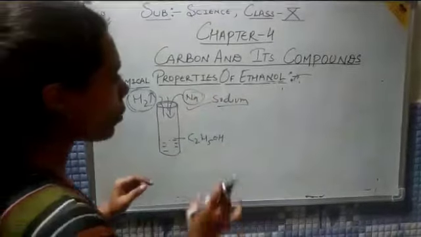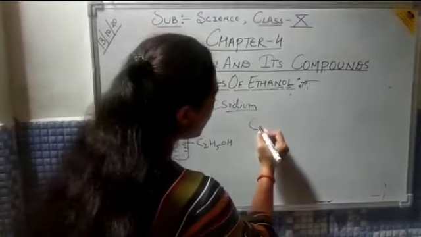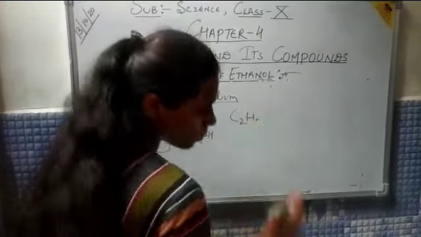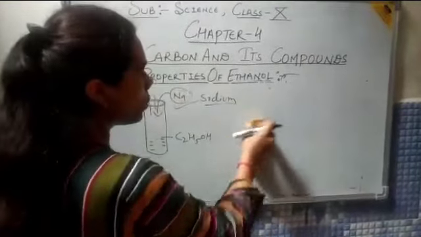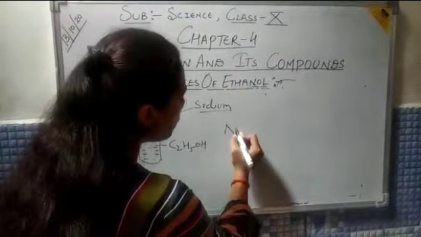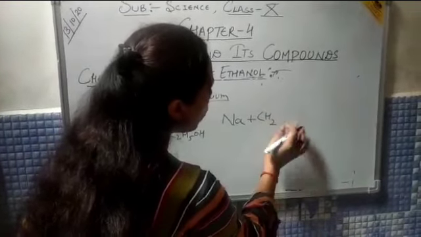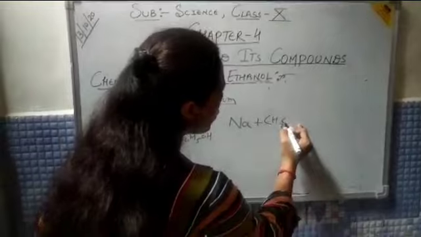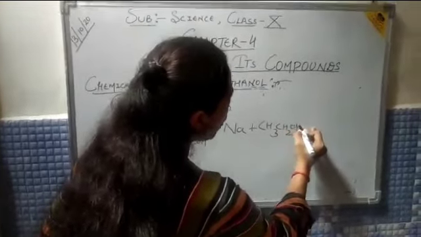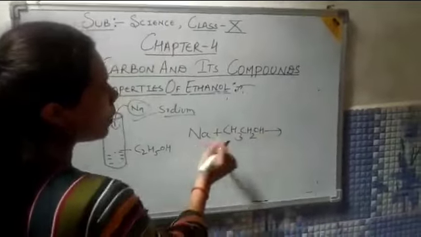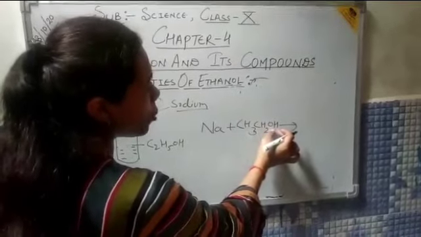Now I am writing down the reaction. Look at that, student. I have taken C2H5OH, or you can write the simple form, and I have taken the sodium, and the solvent ethanol. Then I will replace the hydrogen of this functional group with the sodium.